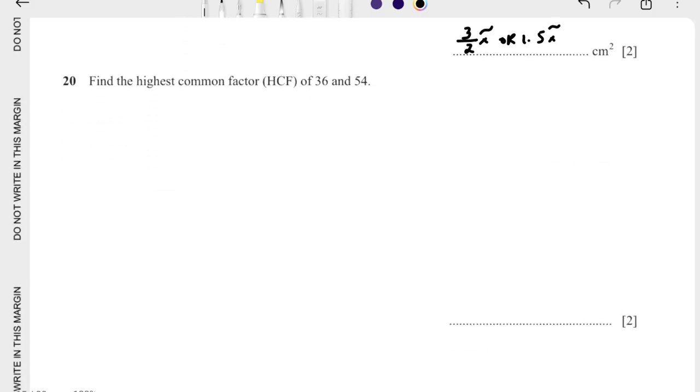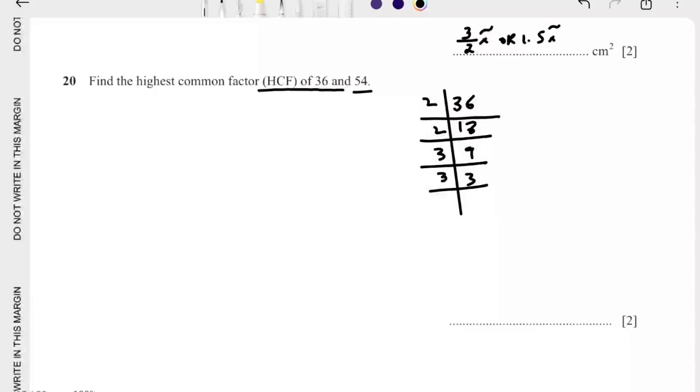Next question. Find the highest common factor of 36 and 54. So let us find their prime factors. 2 18s are 36, 2 9s are 18, 3 3s are 9, and 3 1s are 3. Now the factors of 54. 2 27s are 54, 3 9s are 27, 3 3s are 9, and 3 1s are 3.